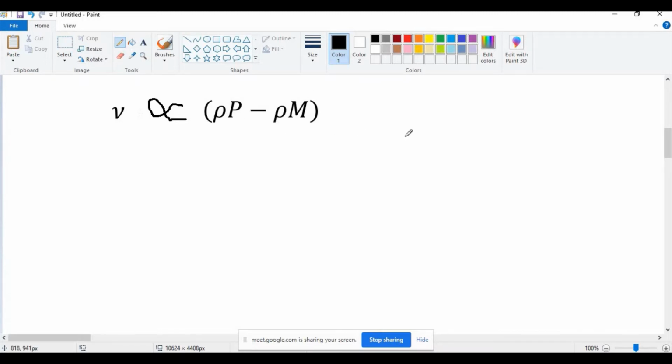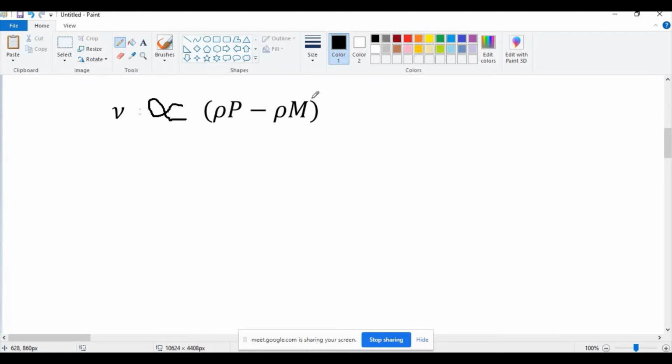Now see, when you add glucose into water, it forms a solution, and you cannot precipitate glucose. What is the reason? Rho p is the density of the particle and rho m is the density of the medium. Here the density of the glucose molecules is less than that of water.